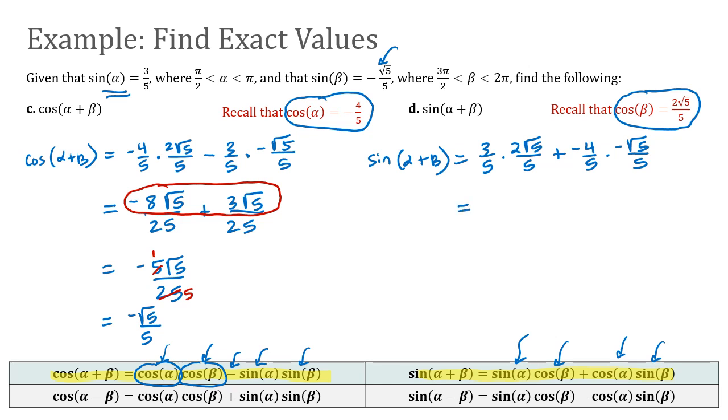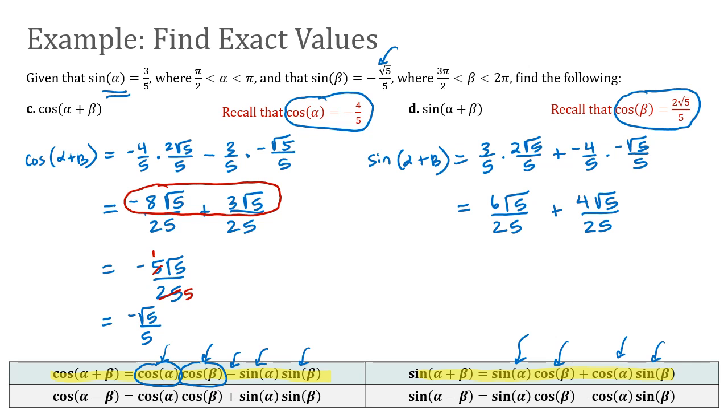This is going to give me, in the first term, I see I've got a 3 and a 2, and I can multiply those to get 6 times the square root of 5 all over 25, plus I've got a negative 4 times a negative square root of 5. That's going to get me positive 4 times the square root of 5 all over 25.